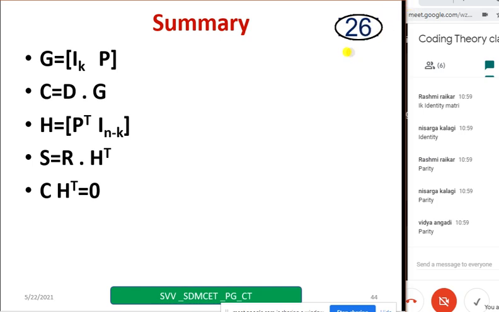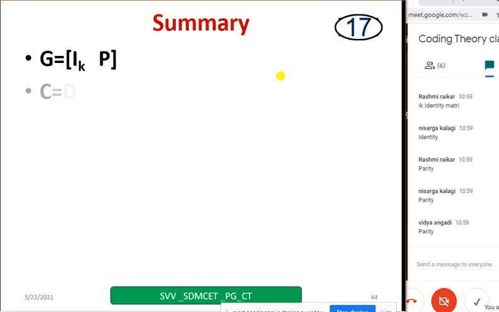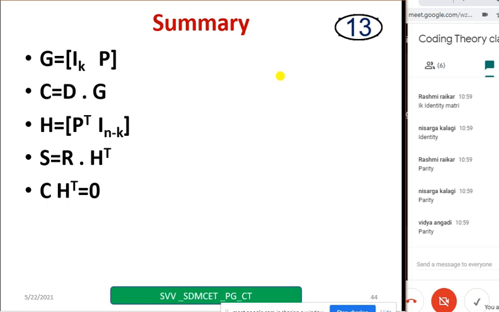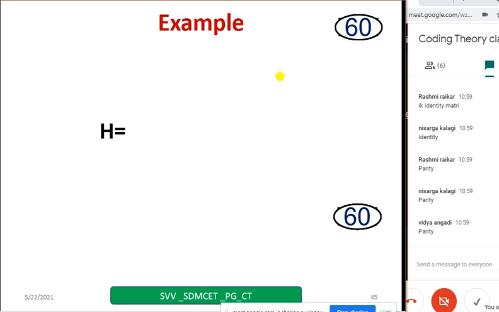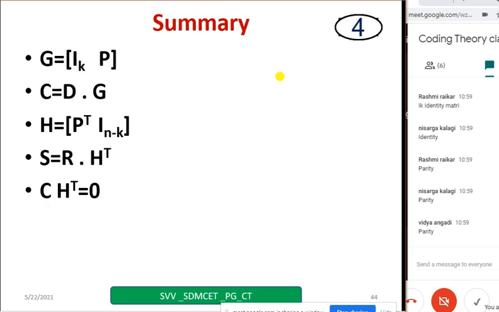Hope all of you are remembering. If I tell something, the equation you will type in the chat box. Take another 10 seconds and read it twice or thrice. No need to write H transpose, you can write HT in the chat box. Okay, let us revise.